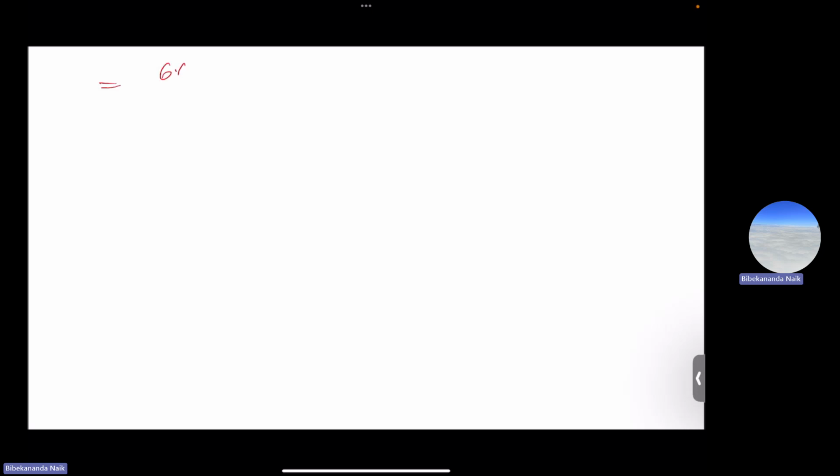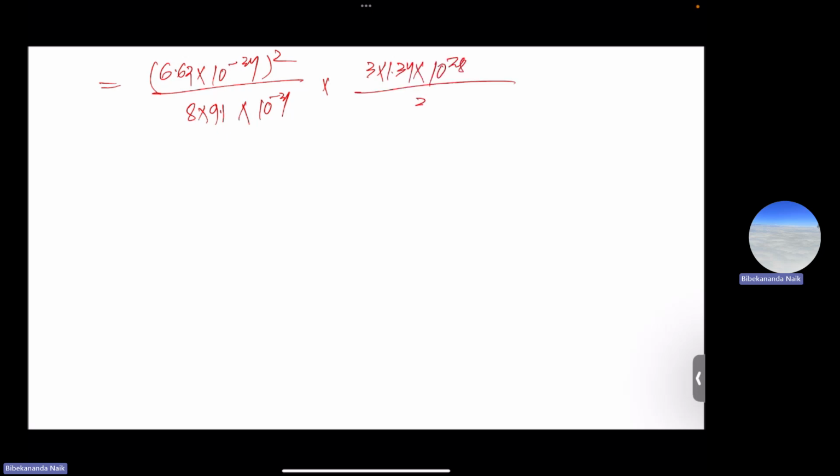That implies (6.62 into 10 to the power minus 34) square divided by 8 into 9.1 into 10 to the power minus 31, into (3 into 1.34 into 10 to the power 28 divided by 3.14) to the power 2 by 3. This is 3.3 into 10 to the power minus 19 joule.